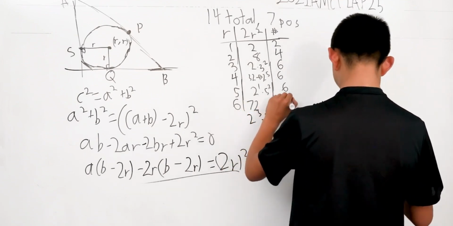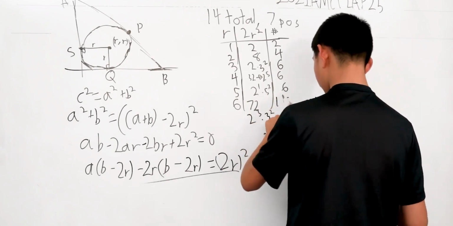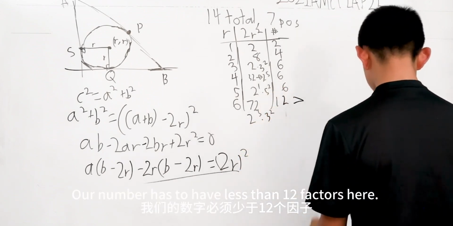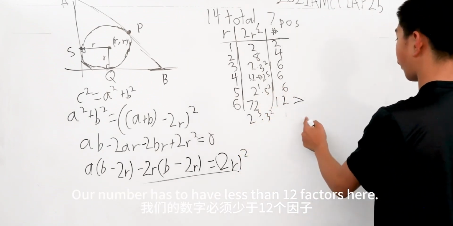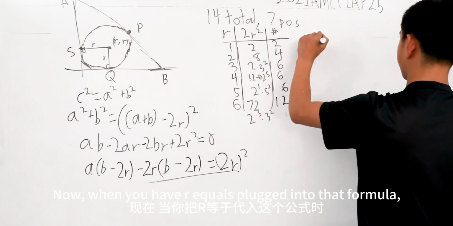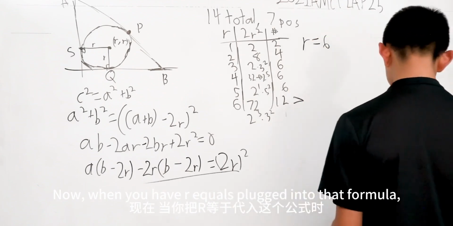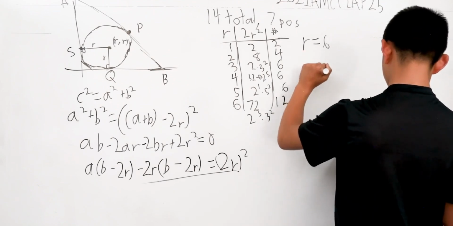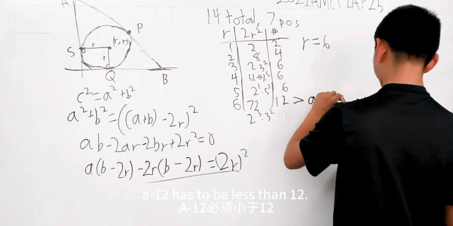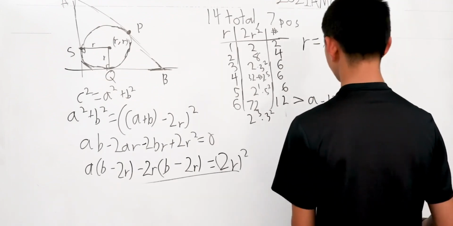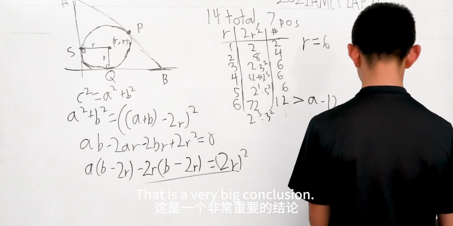This is 12. Okay, 12. So our number has to have less than 12 factors here. Now, when you plug R into that formula, you get basically A minus 12 has to be less than 12. So that is a very big conclusion.